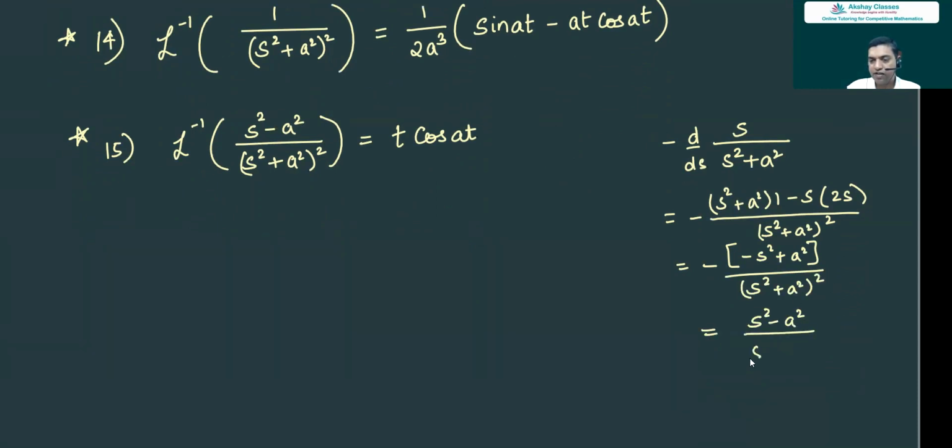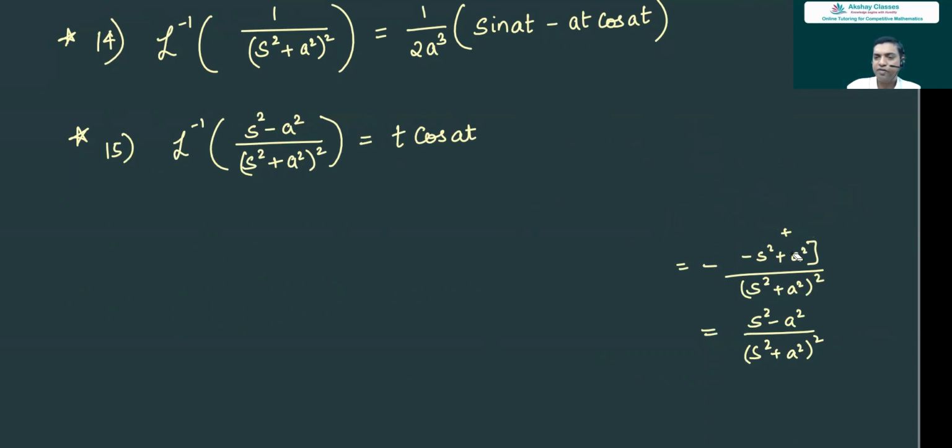So this is Laplace transform of t cos at, multiplication with t. So these 15 we must commit to memory. Just like your derivative and integral formulas, we need to commit this to memory.